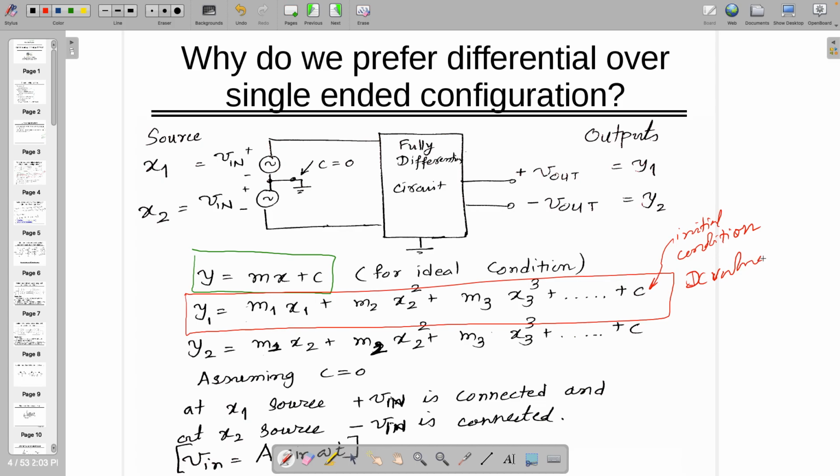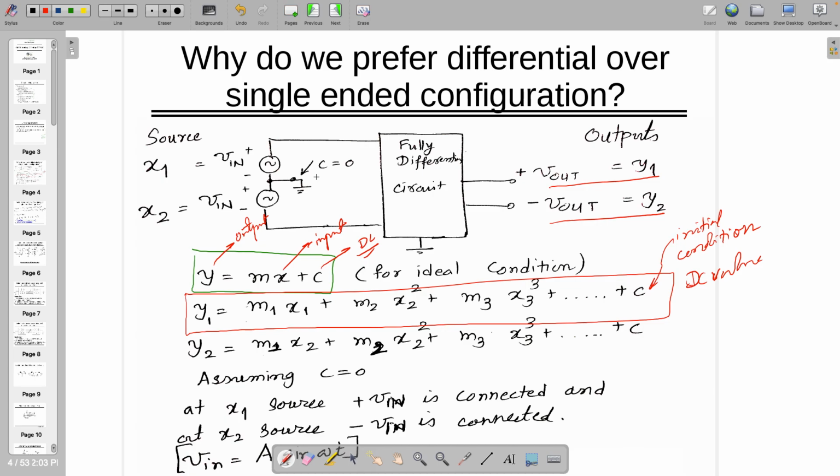So when we are taking this in terms of V out, one is Y1 and one is Y2, and X is nothing but an input, Y is output, and C is the input in a case.